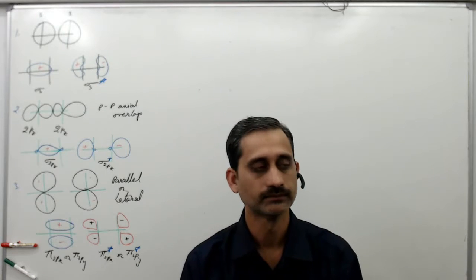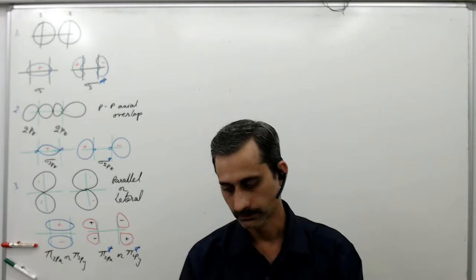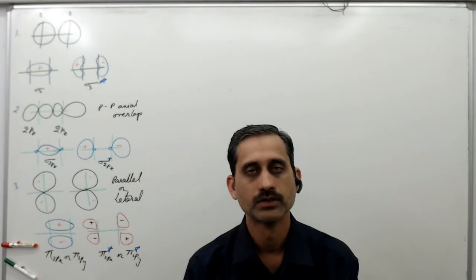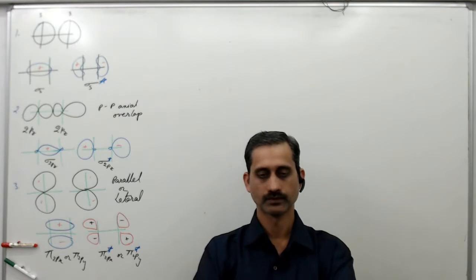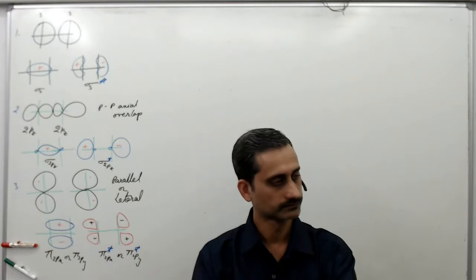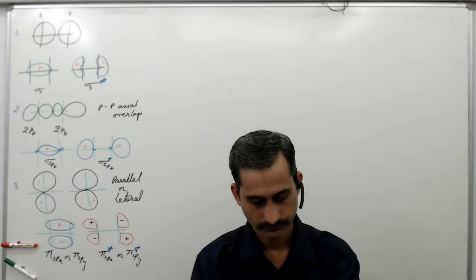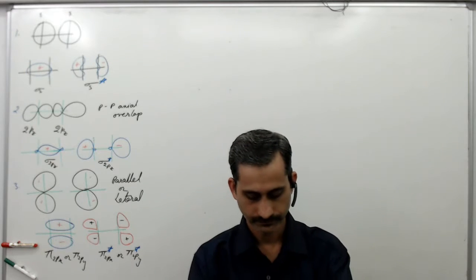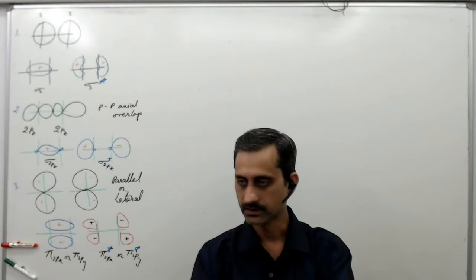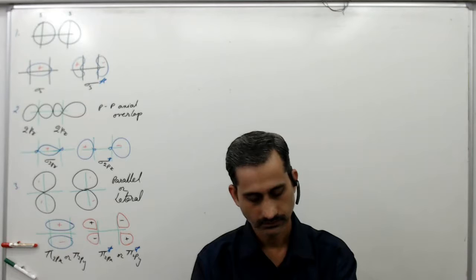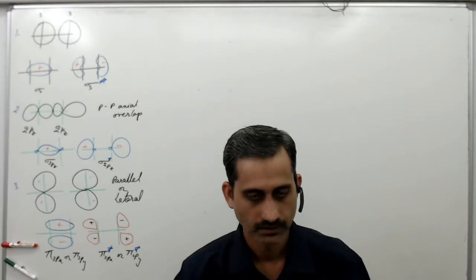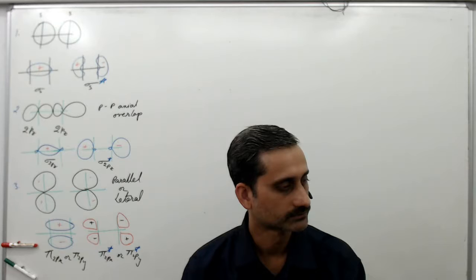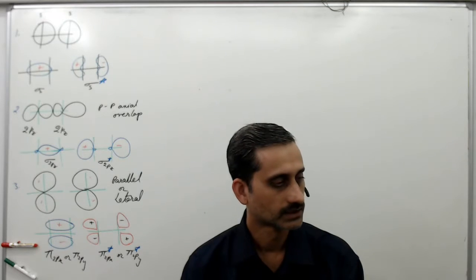The plus and the minus sign written in the orbital represent the sign of the wave function in that region.